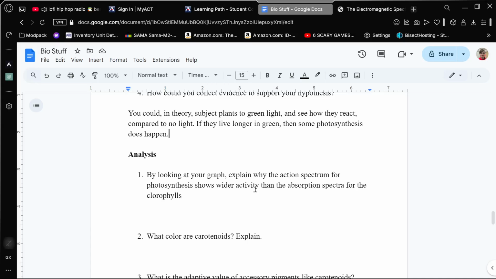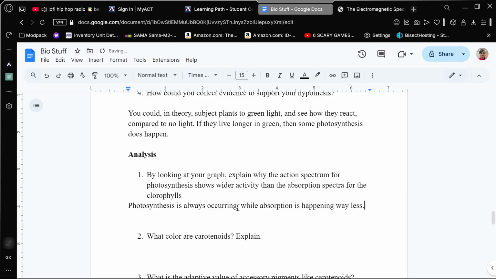Sorry, we're not looking at the red. Probably because photosynthesis is always occurring while absorption is happening way less.